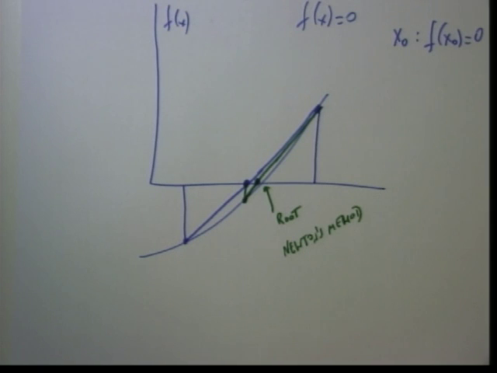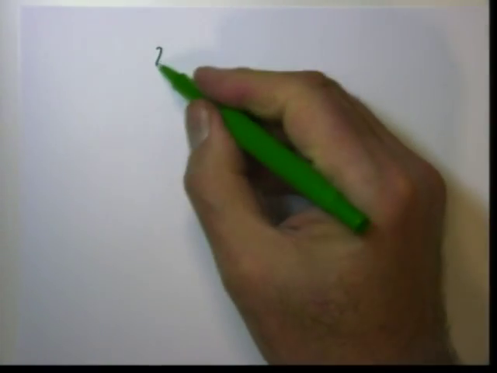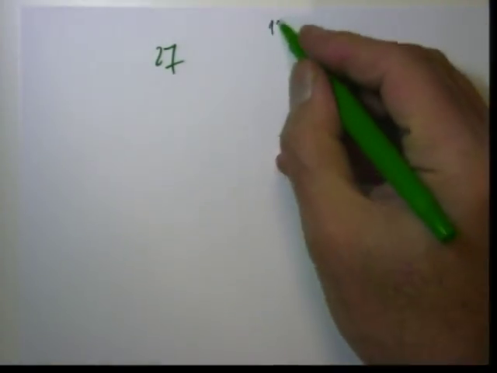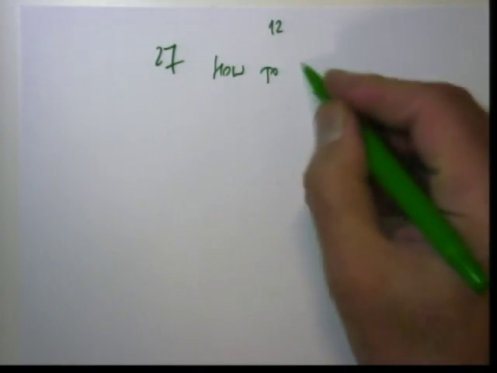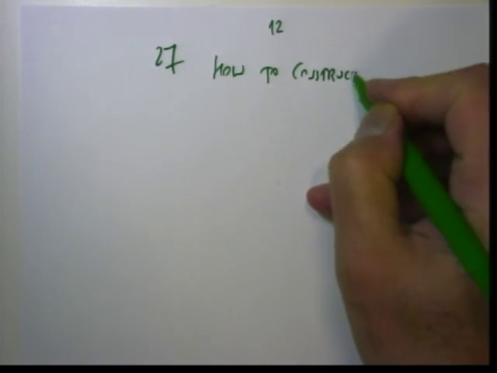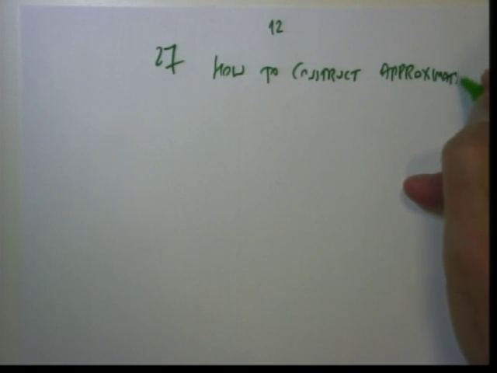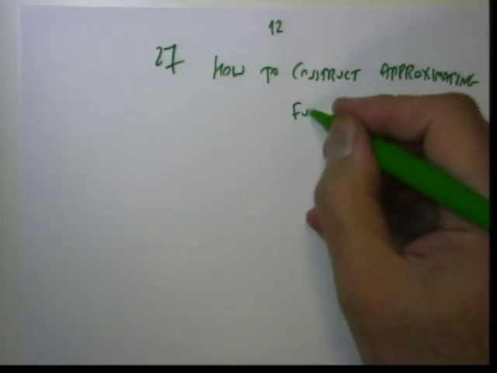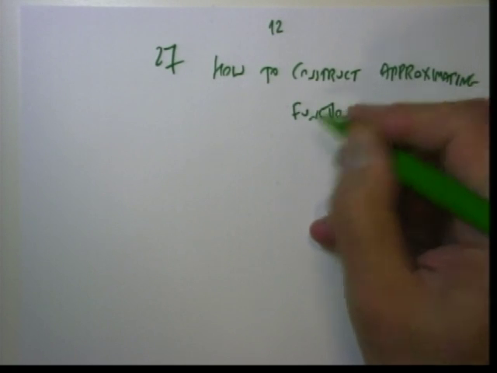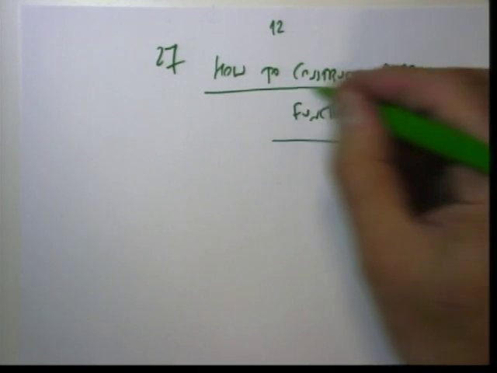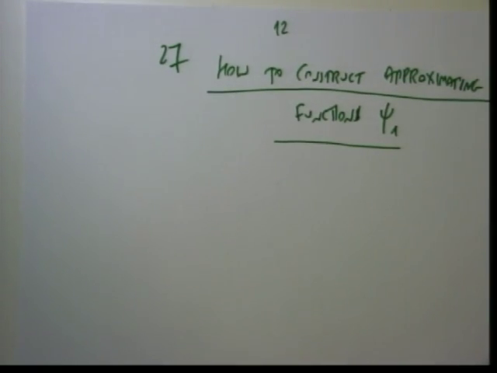Okay, then the question that we will be posing is topic 27. How to construct approximating functions, or approximating function psi1. So that is a question.